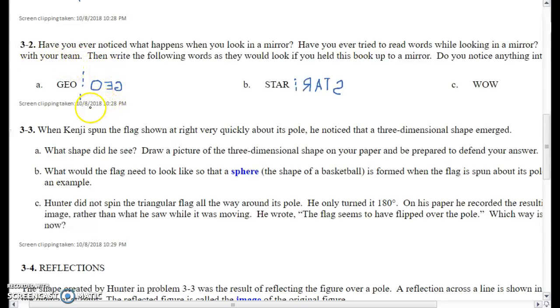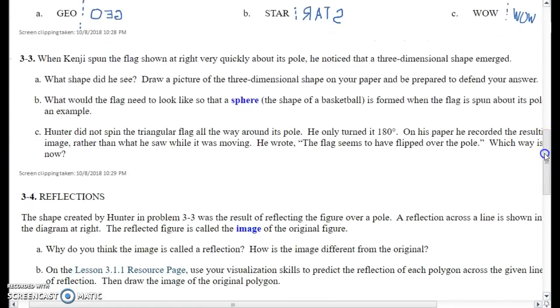But as we continued, we had some things that were backwards. Now R and star, it's written backwards. A and T, well, these are written backwards. You can't tell. Well, if I did the wow, even though the whole thing's written backwards, it looks the same.